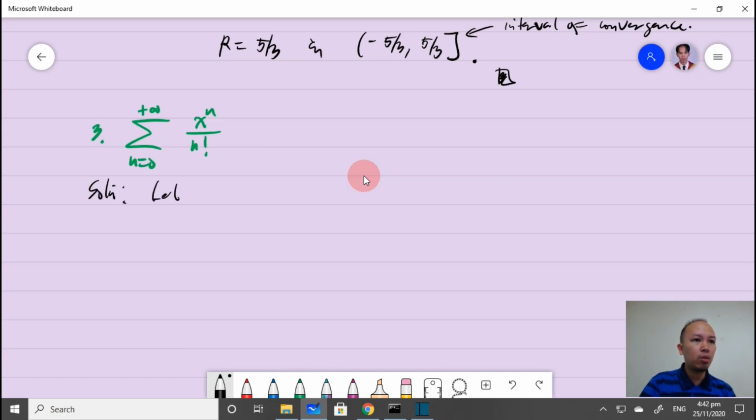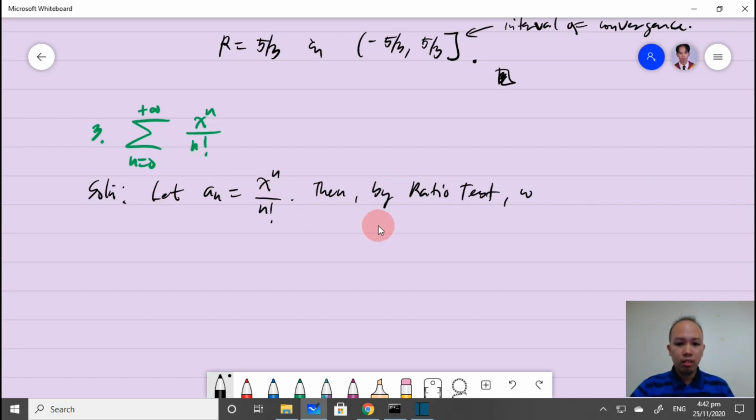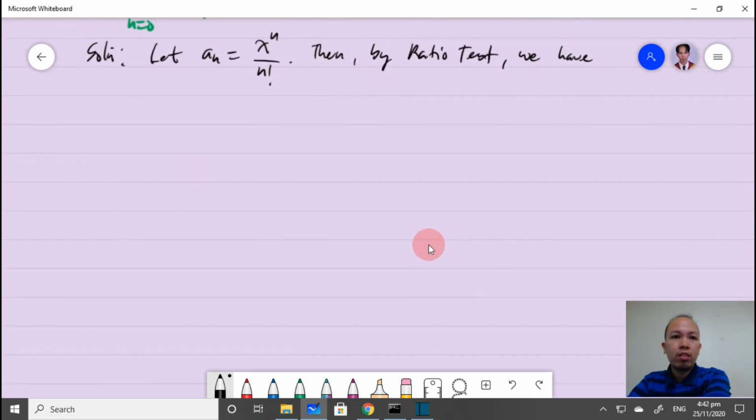Again, we are going to let a sub n be x to the n over n factorial. So again, we will use the ratio test. By ratio test, we will not use the root test. It's very obvious in this example. We have the limit of a sub n plus 1 over a sub n.